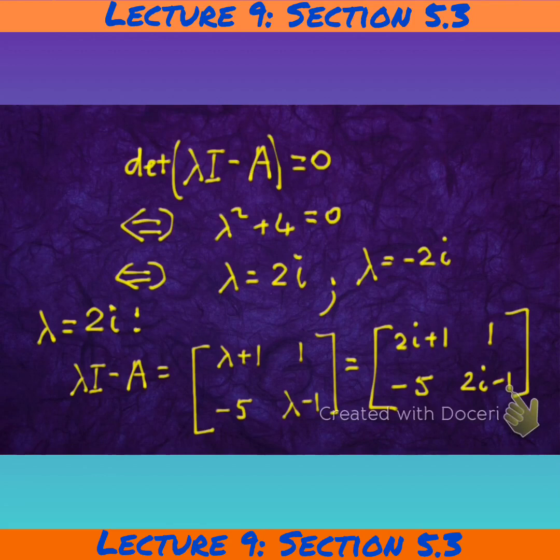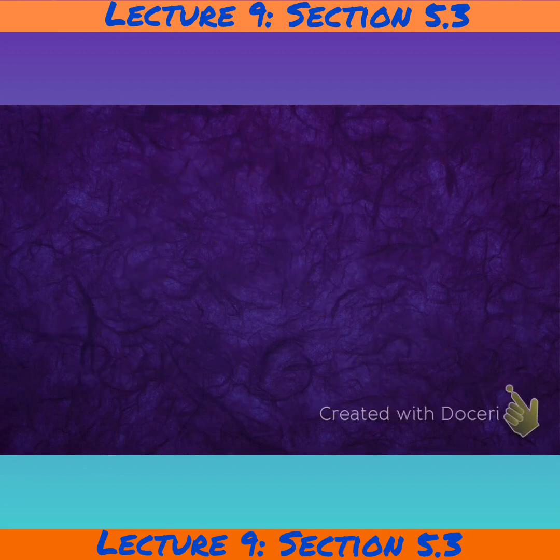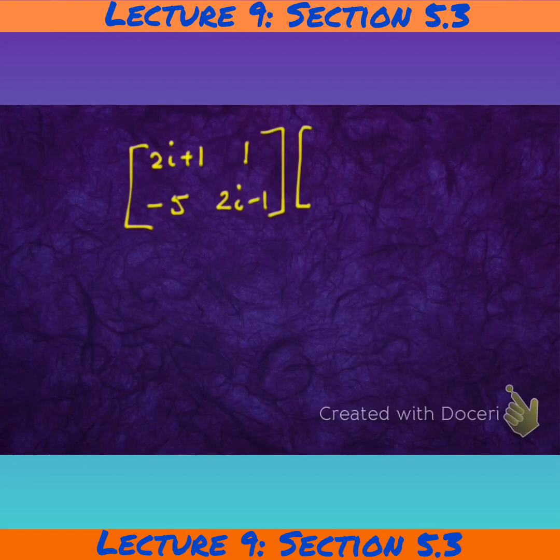So we are interested in what happens to that matrix. We're going to look at all vectors x, y such that it's in the null space, and x, y is a non-zero vector.